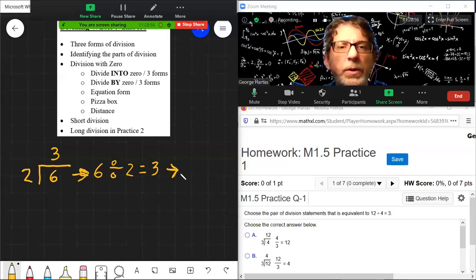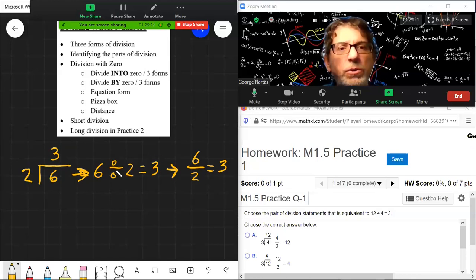And there's a third format. The third format is this way: 6 divided by 2. It's in fraction format. 6 divided by 2 is 3. So these are 3 different ways to represent division.